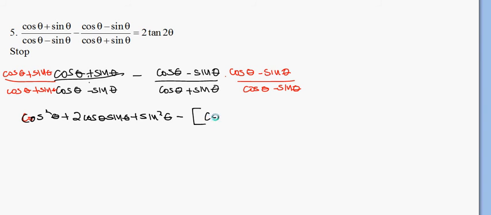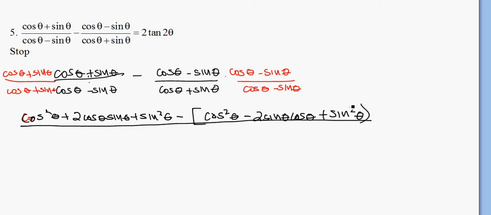Multiplying those two, I get the same thing, except I get a negative 2 sine cosine in the middle: 2 cosine theta sine theta, and plus sine squared theta, all over. I'm going to multiply the denominator, so I have no middle terms. So we get cosine squared theta minus sine squared theta.